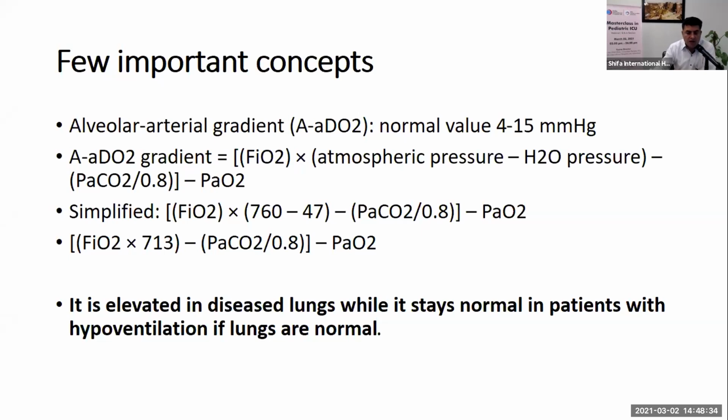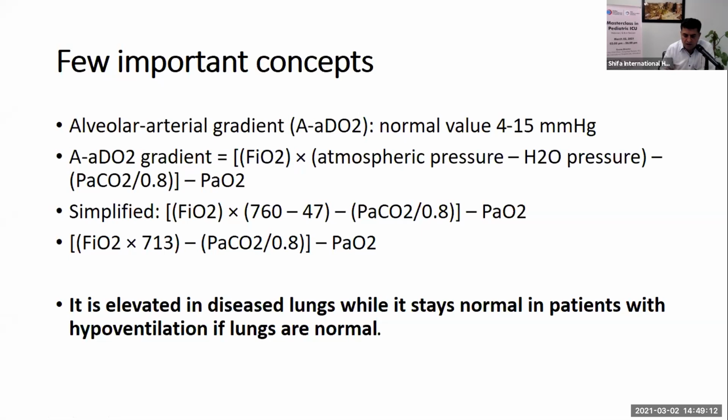The first one is the alveolar arterial gradient. They also call it A-a DO2. It is the gradient, or the difference, between the oxygen content of the alveolus and the oxygen content of the arterial blood. Normal value is about 4 to 50 millimeters of mercury. The formula is FiO2 times the atmospheric pressure minus the water vapor pressure, minus PaCO2 divided by 0.8, minus PaO2.